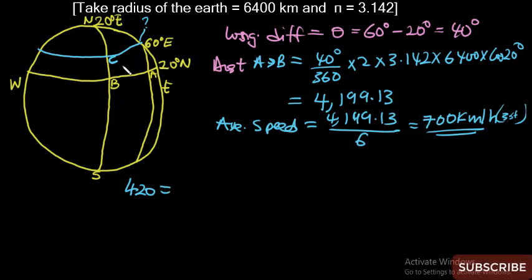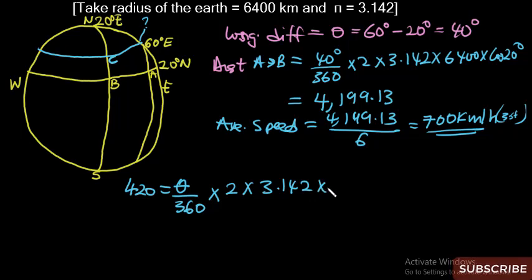For the difference in the latitude, we don't have that, so let that be represented by theta again, divided by 360, times 2, times pi, which is 3.142, times the big radius.